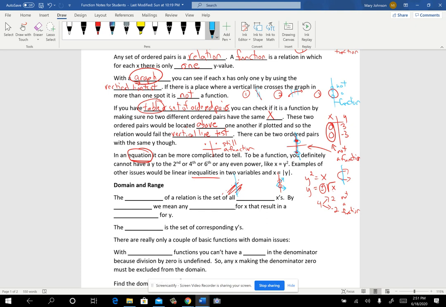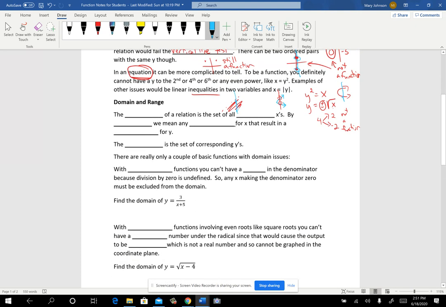Okay, now the next idea I want to introduce is the idea of domain and range. Right off the bat, I want you associating x with domain and y with range. So think of the x coordinates of all the points. Whatever relation you're looking at, you want to think about the x's of those points, and those would make up your domain, and the y's of those points would make up your range.